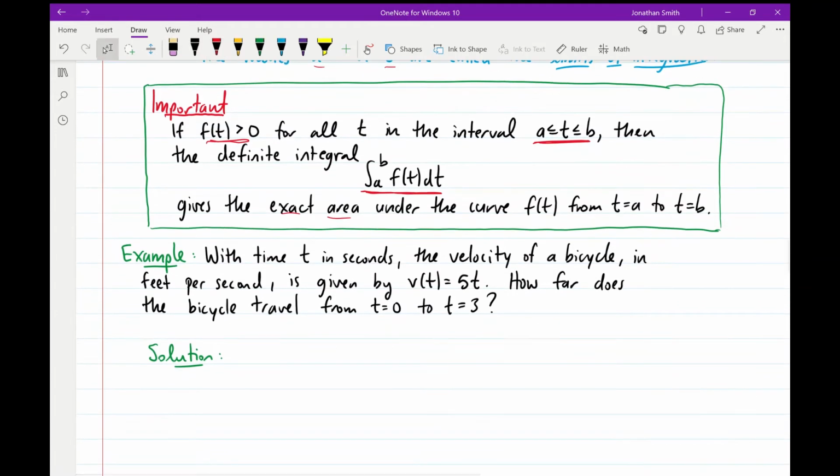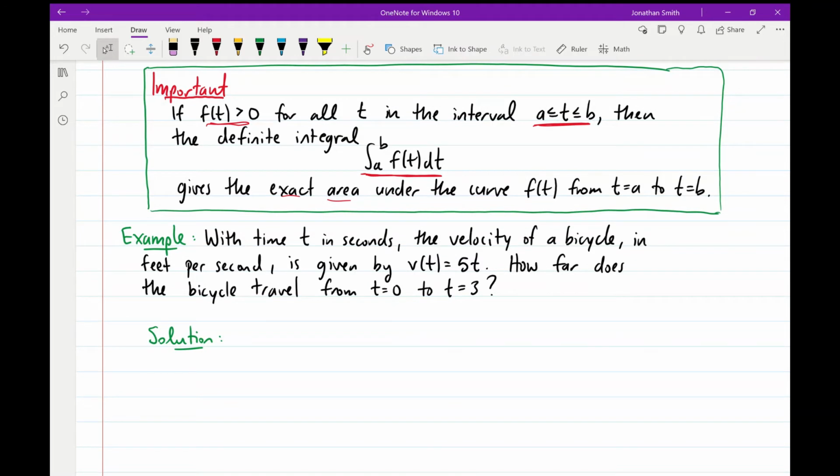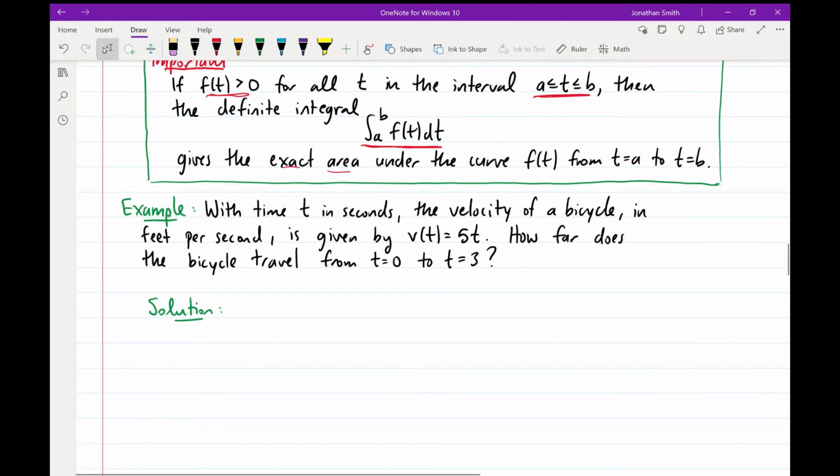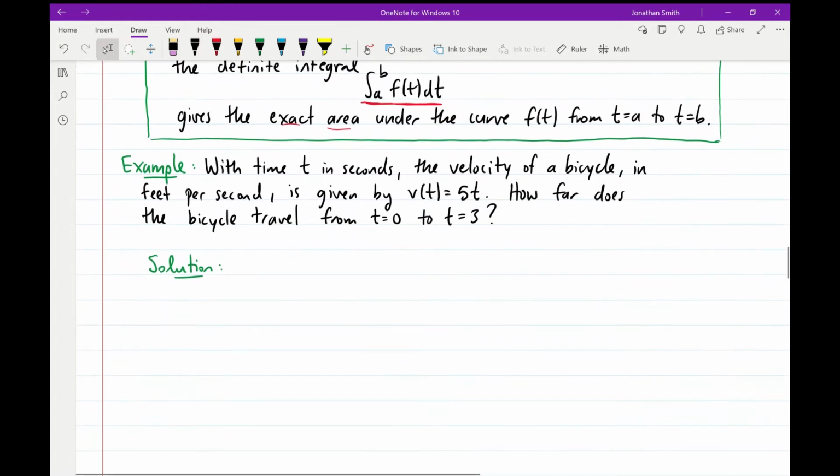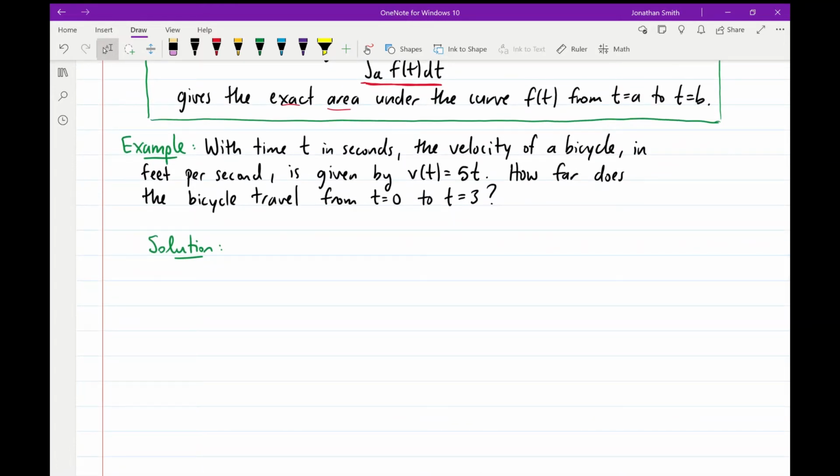So it is defined to be that exact area under the curve f of t from t equals a to t equals b, as long as the function is positive. When the function is non-positive, so it's negative at some places, we'll talk about a bit of a difference in the next section.